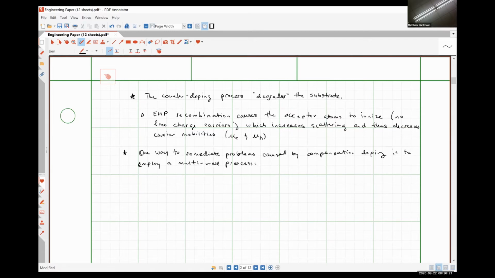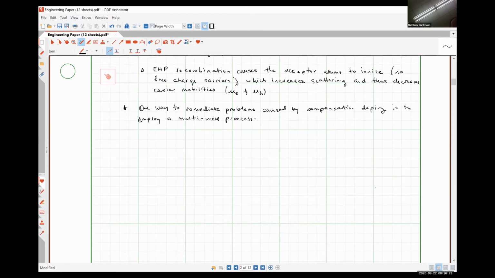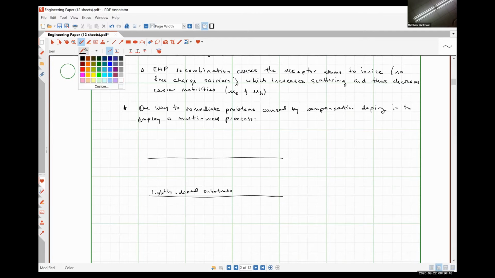All right, so in a multi-well process, we have a very lightly doped substrate that could be either P or N, and we employ multiple wells.